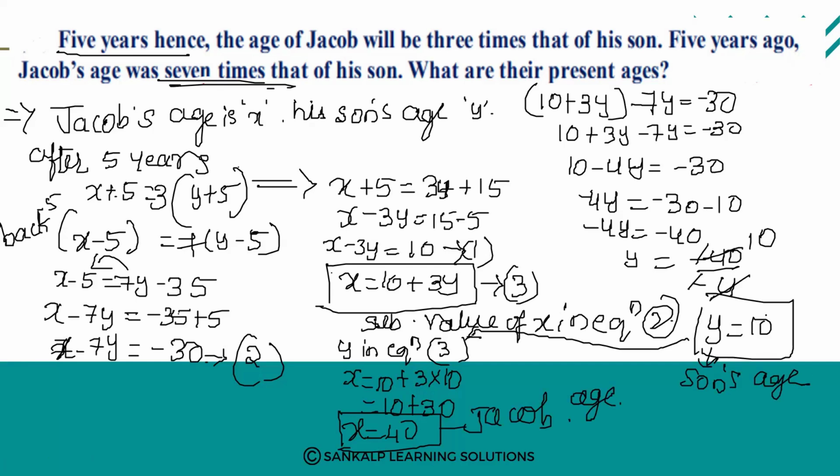So son's age is 10. 3 times means 10 plus 30 is 40. So this is Jacob's age and this is son's age. So this is the question. This question can be asked for 3 marks.